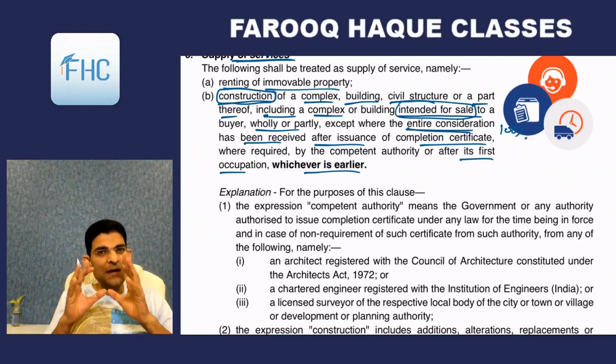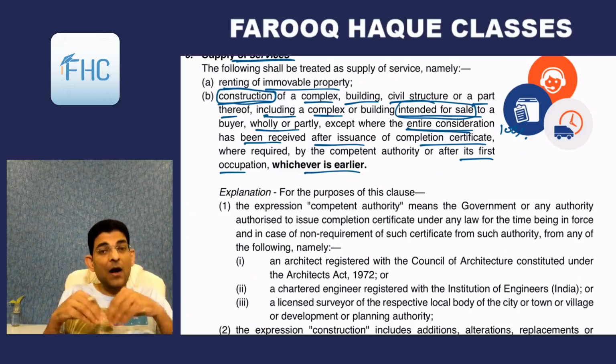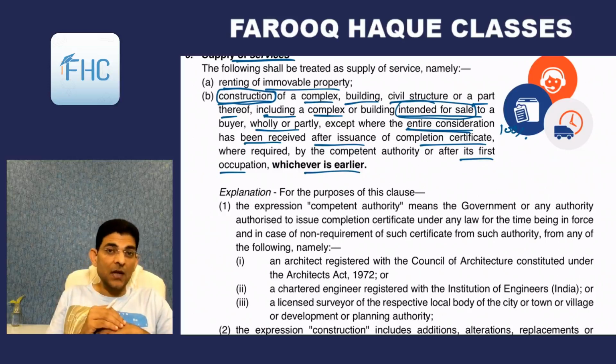If entire, meaning 100% consideration is received after completion certificate or occupation, whichever is earlier, then in that case it will not be taxable. It will not be called a construction service, because construction is done for yourself. You are the owner, you are constructing a building for yourself till the time of completion of construction.